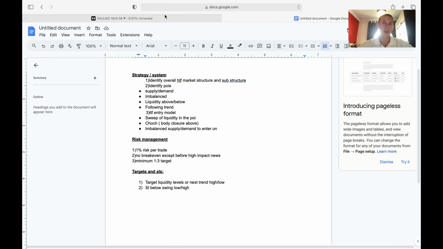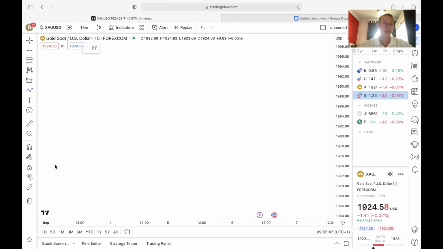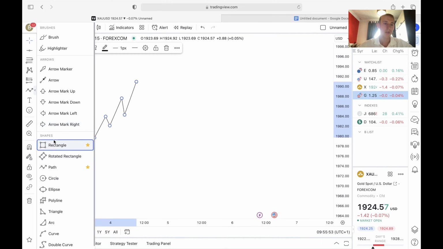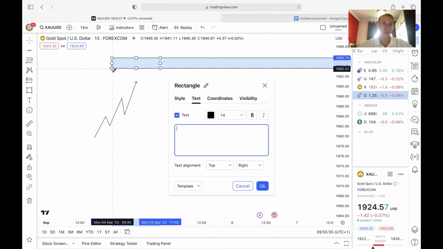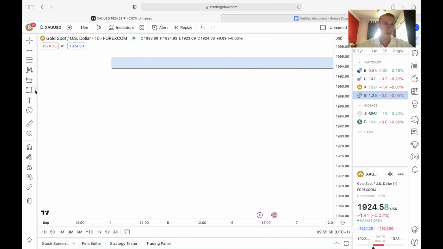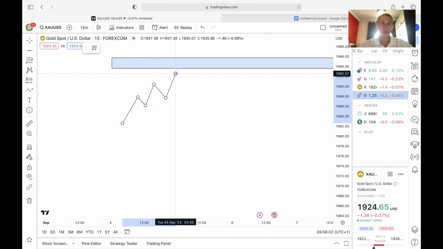If you guys don't know what a change of character is, let's say price is approaching our area of supply just up here. On the lower time frames, price is in a bullish trend on the approach.